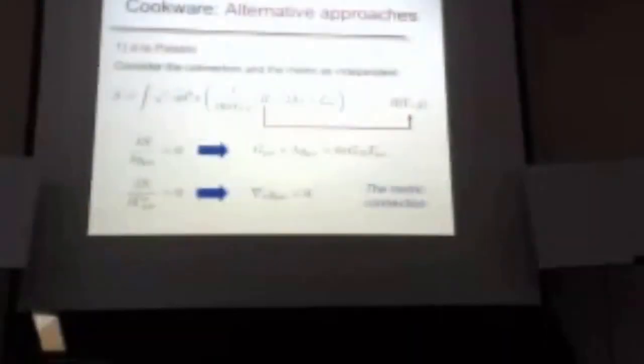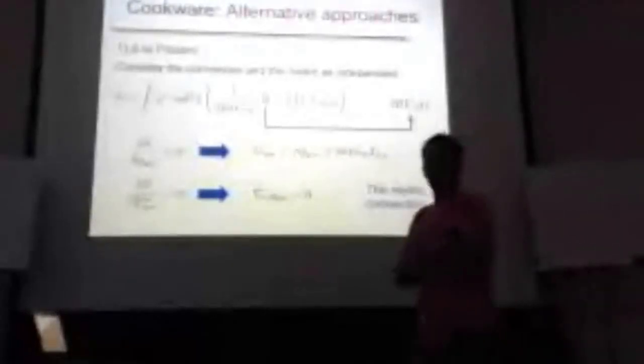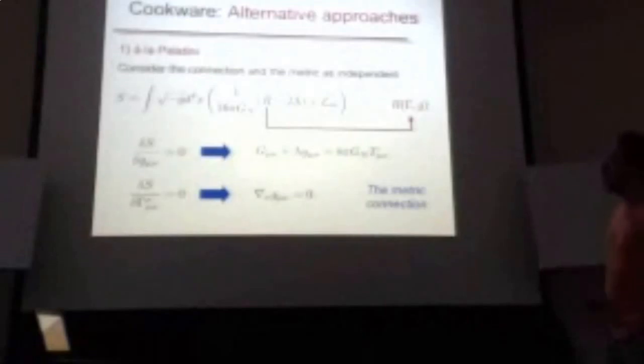So, there's an alternative way of deriving Einstein equations from this Hilbert-Einstein action. And GR is so perfect that the two alternative ways of deriving the equations give you the same result. That doesn't happen usually when you go beyond GR. So this is a formalism called Palatini.